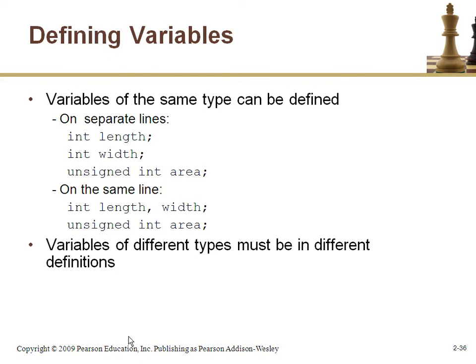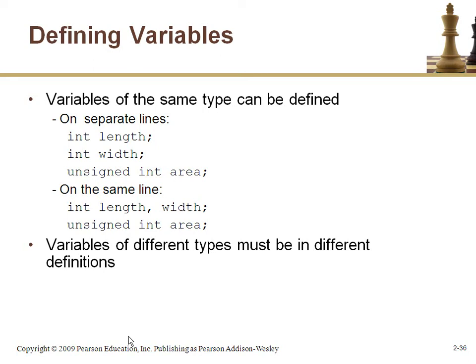Defining variables. Variables of the same type can be defined in one statement. For example, if you are using integer length, integer width, and unsigned integer area, you can put them together on the same line: integer length, comma, width, semicolon.